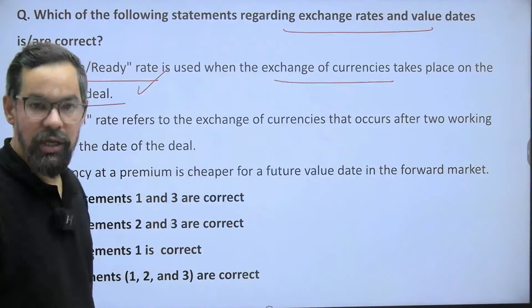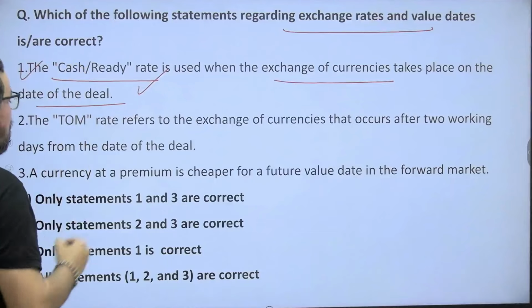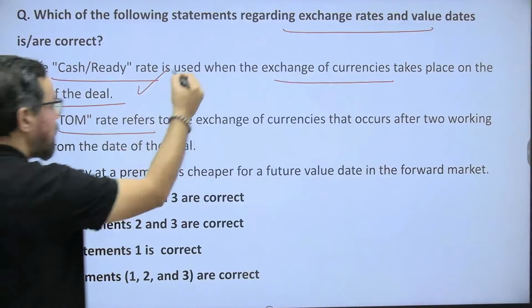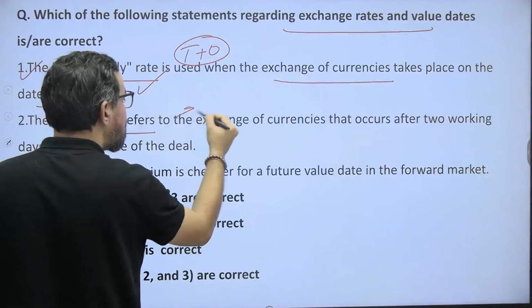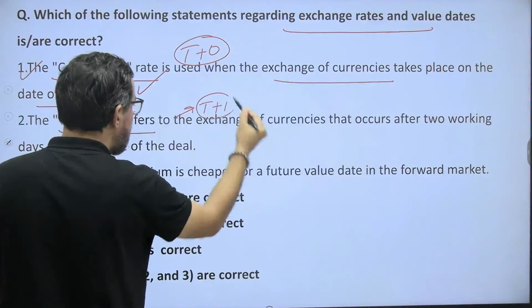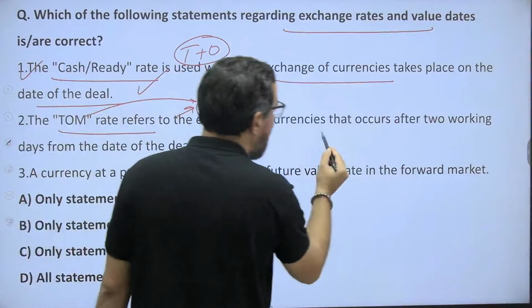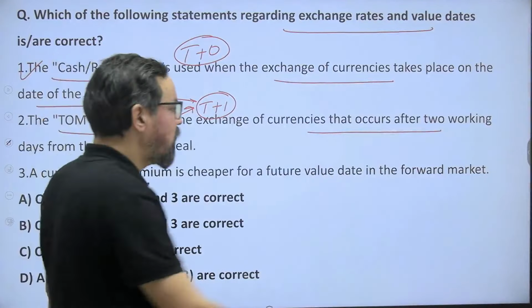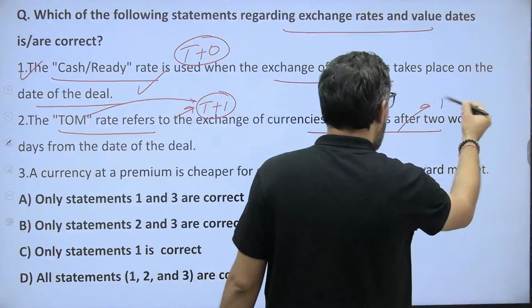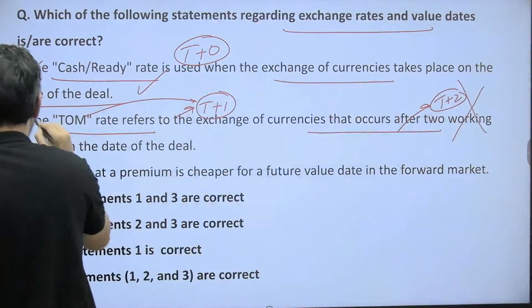So it is called cash or ready or TOD, right? So statement 1 is correct. Term, which is like this is your T plus 0, hope you remember, and this is your T plus 1 when it comes to term. Rate refers to the exchange of currencies that occur after 2 working days, T plus 2. That is wrong, so this statement is wrong.